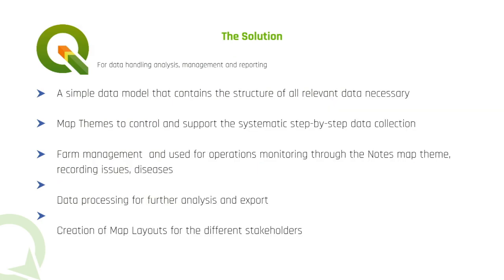In the backend, there is a simple data model that has whatever it needs. There are plenty of map themes that we use. If you use QGIS, you probably know map themes. This is a preset of layer styling that you can quickly turn on and off. In QField, we reuse map themes. So there is a big switcher on top of QField where you can say, I'm doing posts.